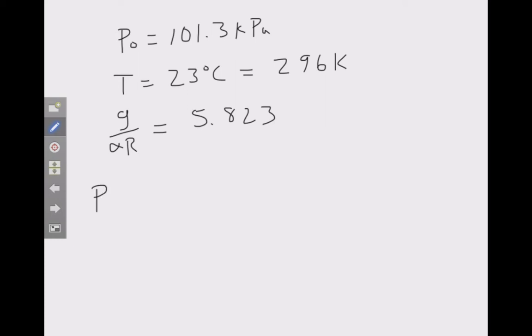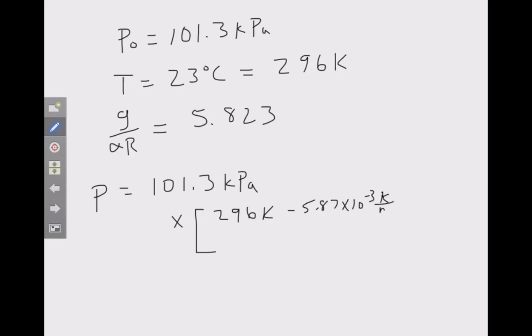So the pressure is going to equal P0, 101.3 kilopascals. We'll just leave those units as they are because we're going to multiply by this big factor, and everything else is unitless. We'll see in a minute. 296 Kelvin minus 5.85 times 10 to the minus 3 Kelvin per meter, that's the slope of the temperature, times 2,000 meters.